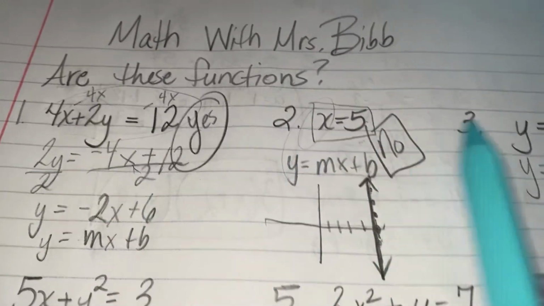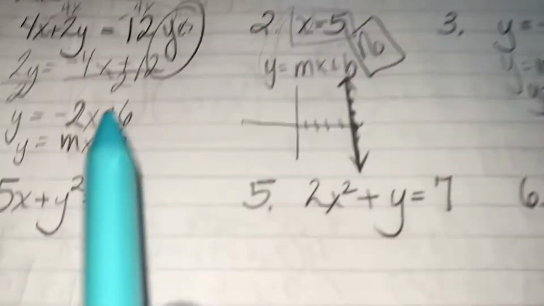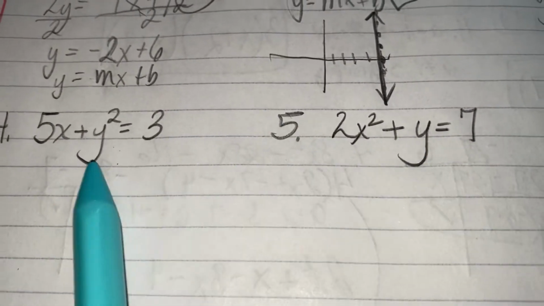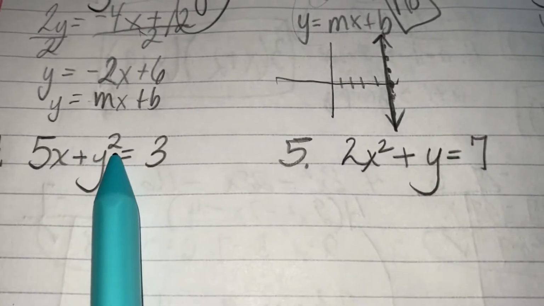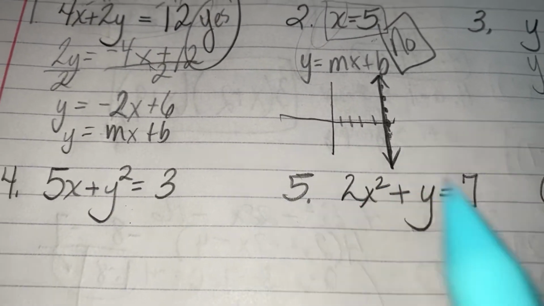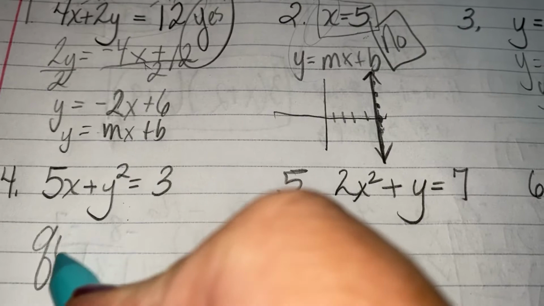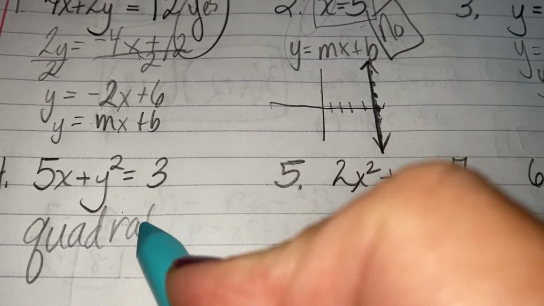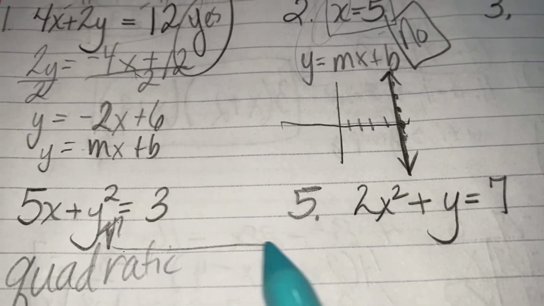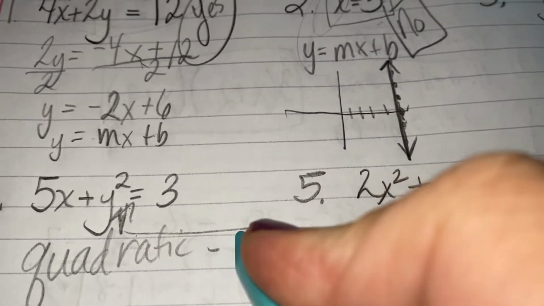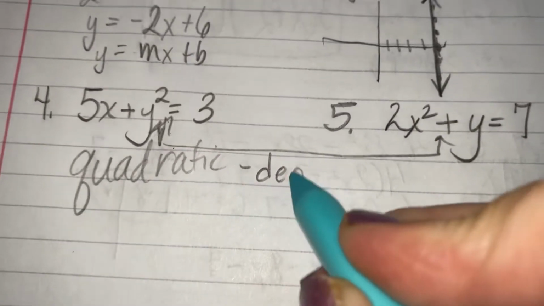All of these I knew were linear because they had a degree of 1, but look at these two. Are they linear? No, they are not. These are considered to be what's called quadratic because the largest exponent is 2. This one and this one are quadratic because the degree is 2.